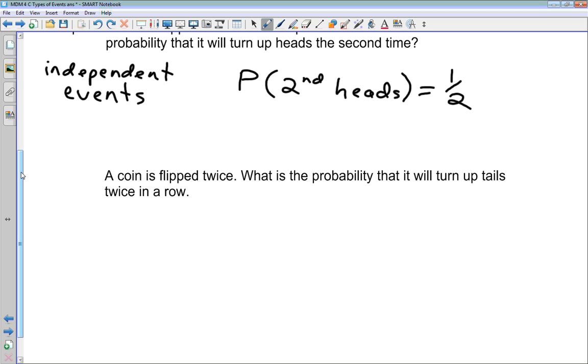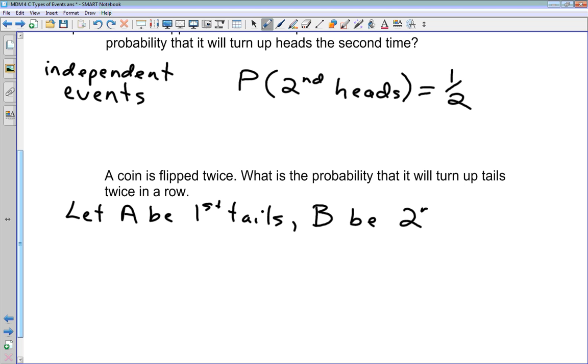We will let A be the event where the first is tails. We'll let B be the event where the second is tails. We want the probability of both of them turning up tails, so both A and B.